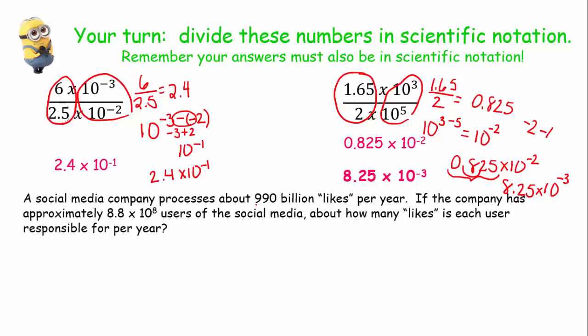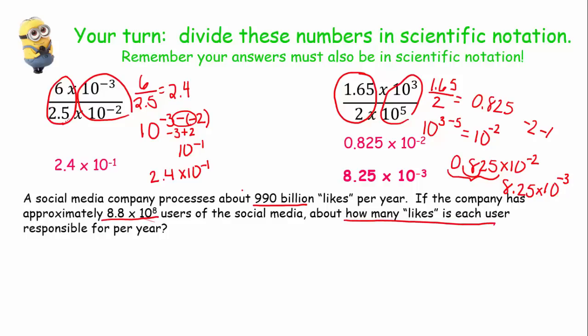Now the second time I read it through, I like to go through and underline or highlight some key information. Some key information here is 990 billion, 8.8 times 10 to the 8 users, and of course my question: how many likes is each user responsible for per year?